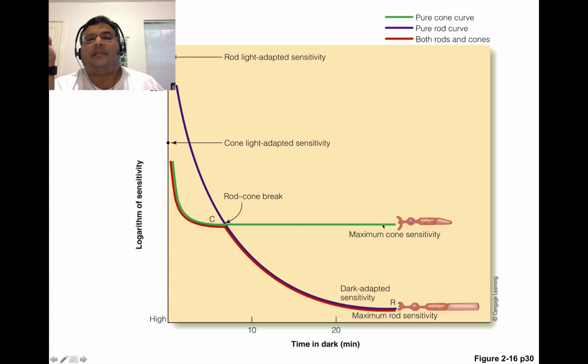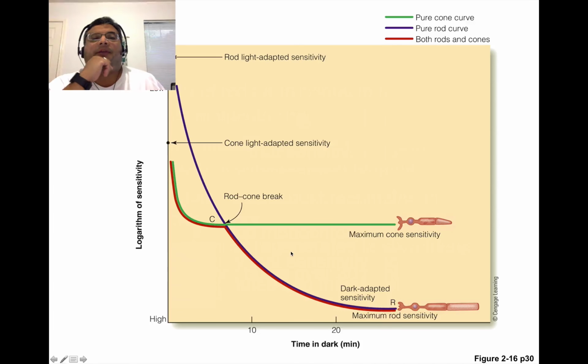They're as sensitive as they can be, but they're not going to function very well because they can't get any more sensitive. So as you stay longer in the dark, your vision is slowly taken over, controlled by the rods, because the cones are no longer able to function. There's not enough light for them to function.